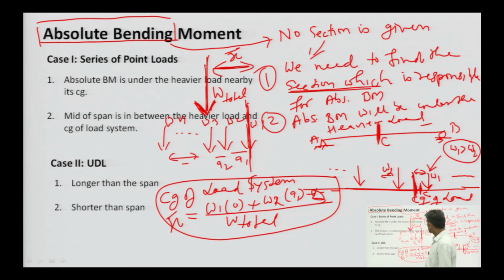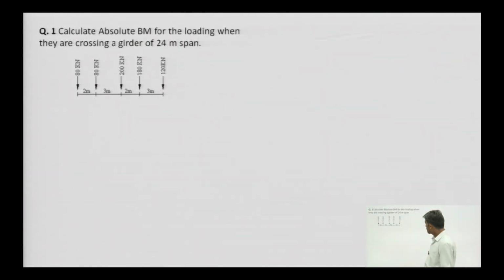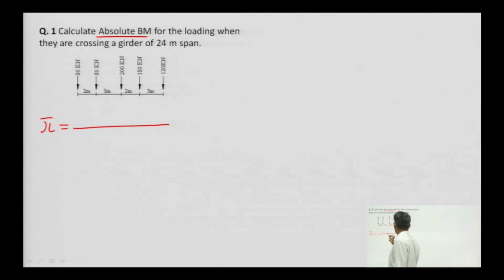Okay, let us do this. First of all, find out the CG of the load system. We need to find the absolute bending moment, so we need the CG of the load system.